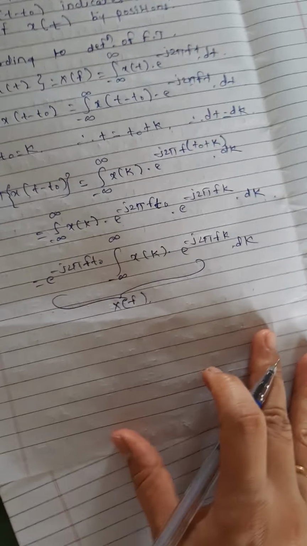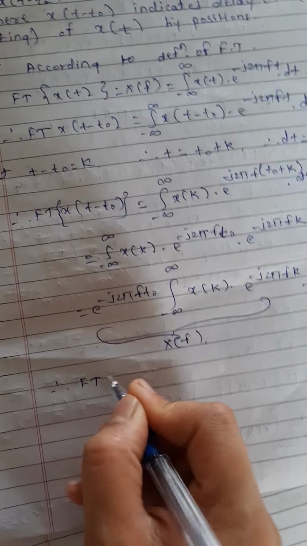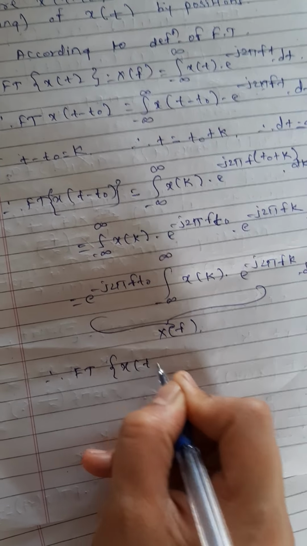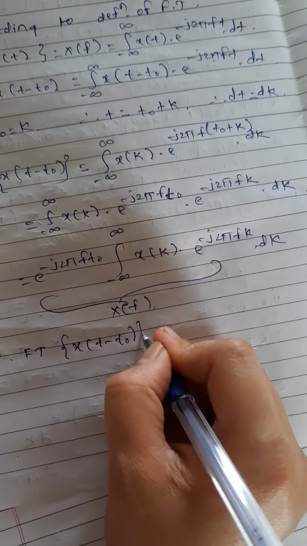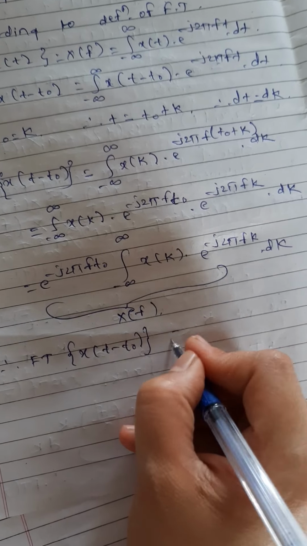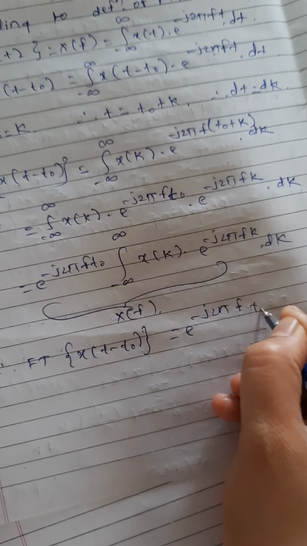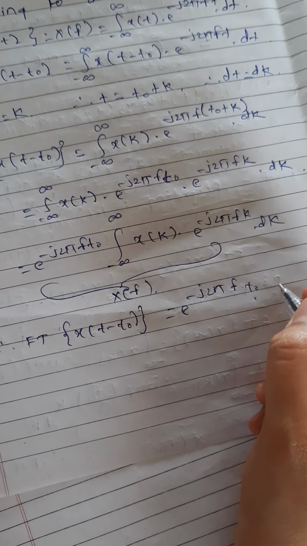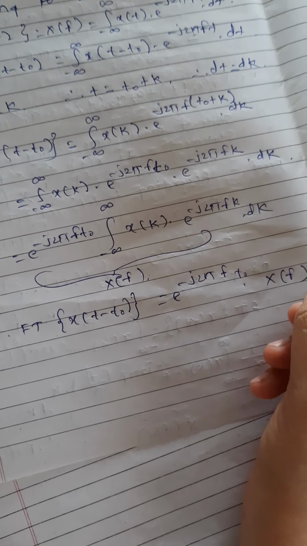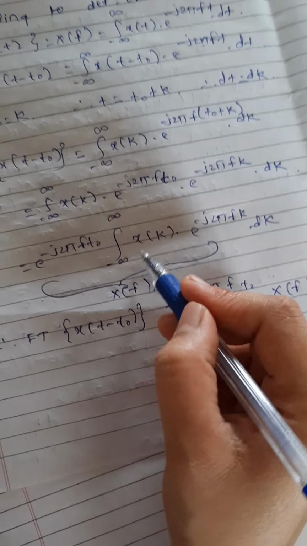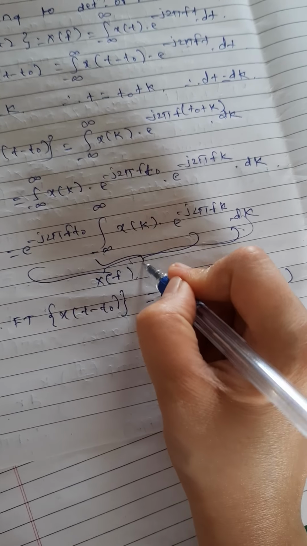So we can write that the Fourier transform of x of t minus t0 is e raised to minus j2 pi f t0 into x of f. Not this total term, this term is x of f.